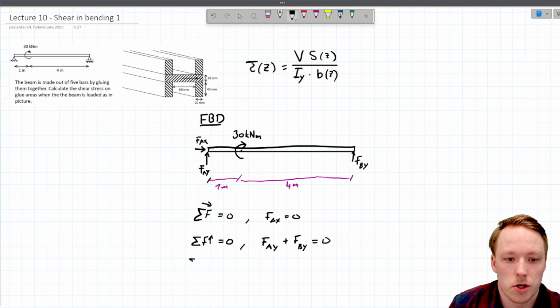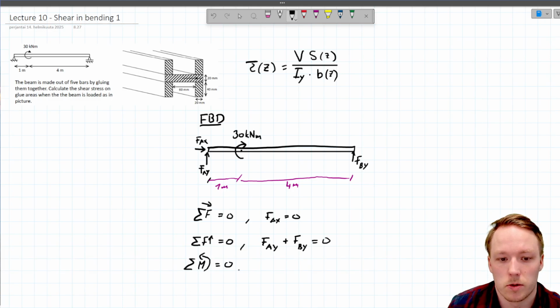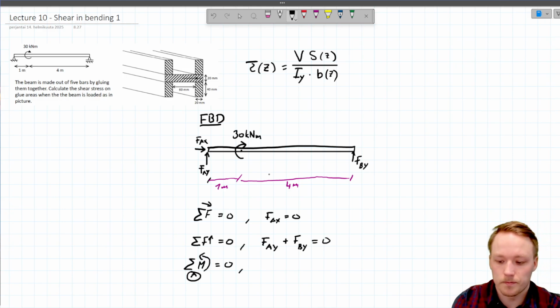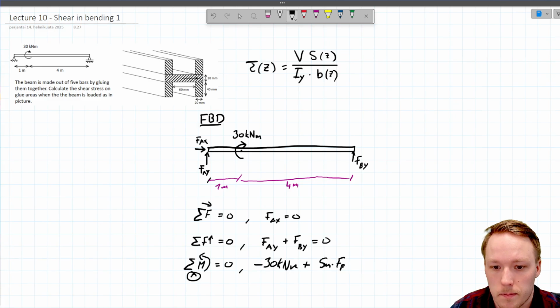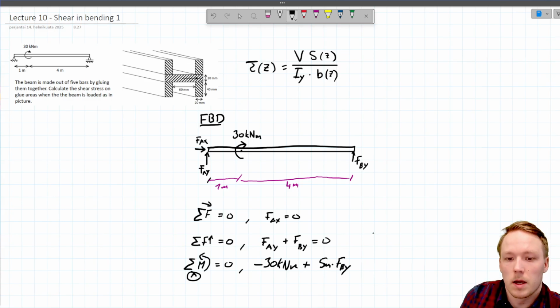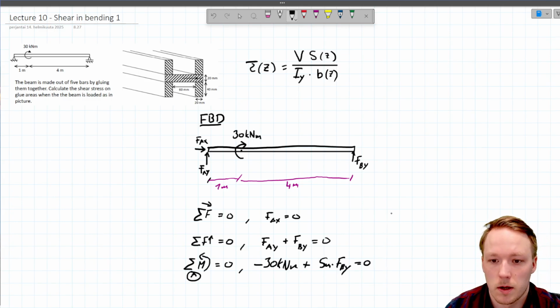And the third equation is that the sum of all moments must be equal to 0. We will do this around point A. To the negative direction we have 30 kilonewton meters, and to the positive direction we have 5 meters times FBY. And this has to be 0. Equations 1, 2, and 3.